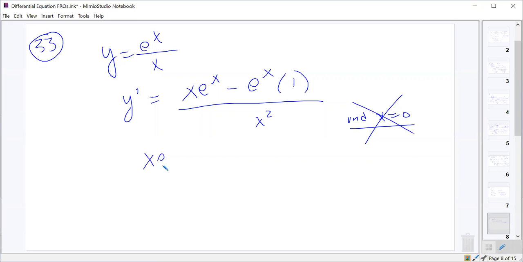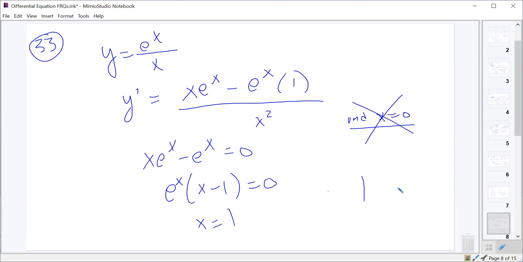So then we'll just set x e to the x minus e to the x equal to 0, factoring out e to the x, giving us x equals 1 as the only potential place. So plug in 1, make sure it's a minimum. We can't plug in 0 to our derivative.